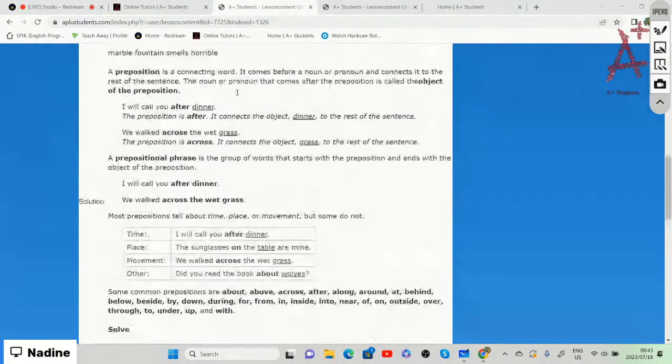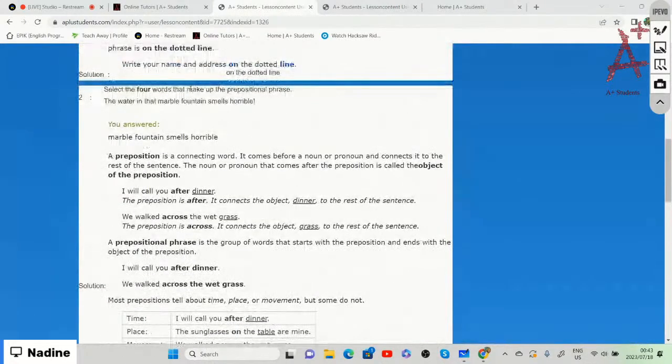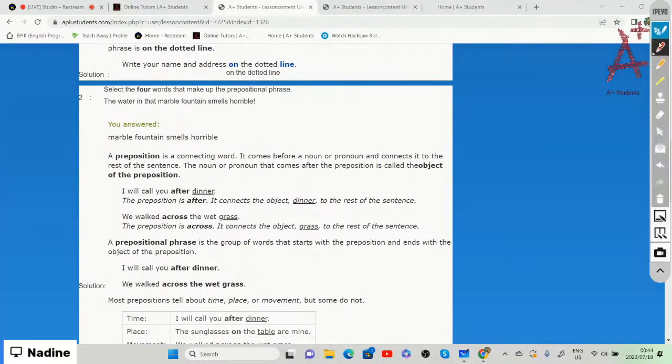We need to choose the preposition as well as the object of the preposition. The preposition is in, and there are four words to select: in that marble fountain.